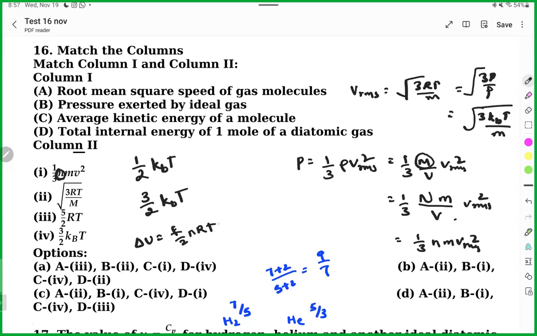N value is 1. Correct. What is the diatomic gas F value? 5. Tell me any doubt. We just did this question. Correct. 5 by 2 RT, in the previous question. Any doubt? No, sir.